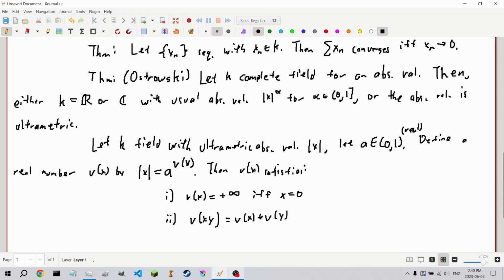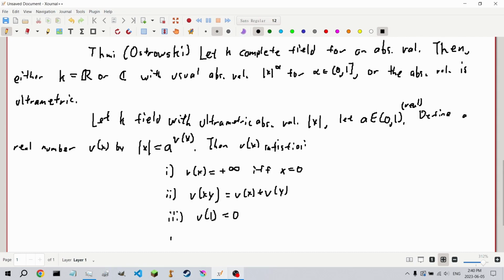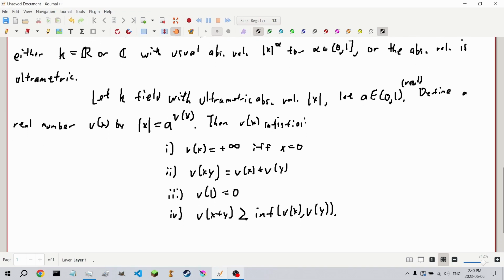Our third condition is that v of 1 is equal to 0. And our fourth condition, v of x plus y, is at least the smaller of v of x and v of y.